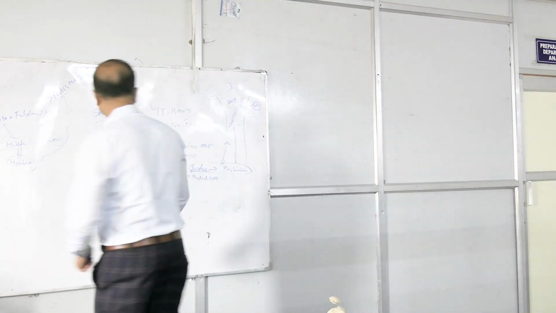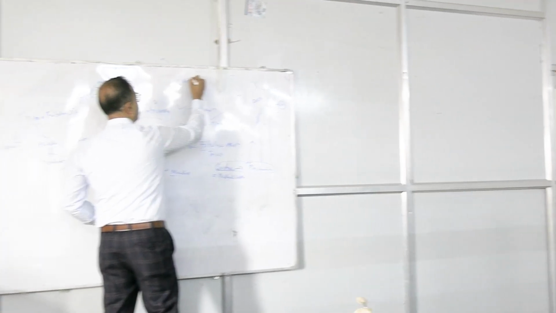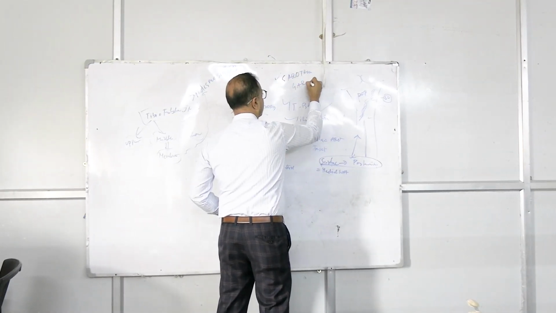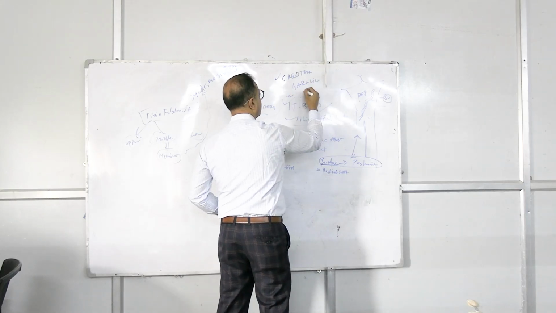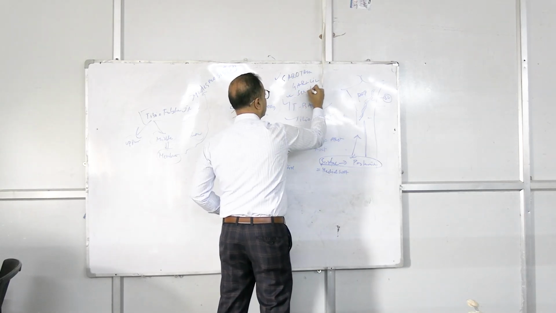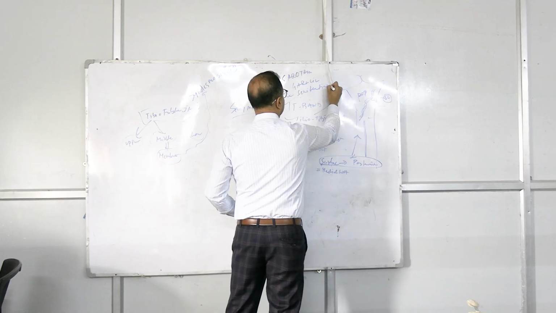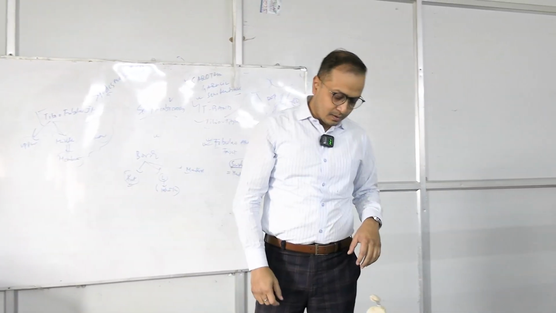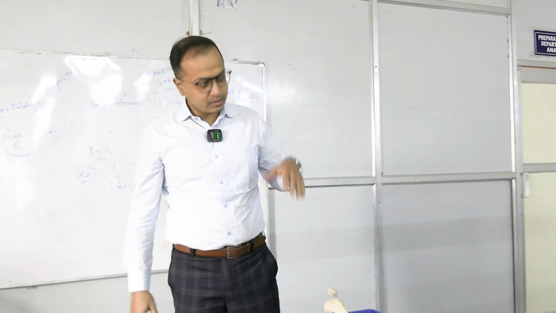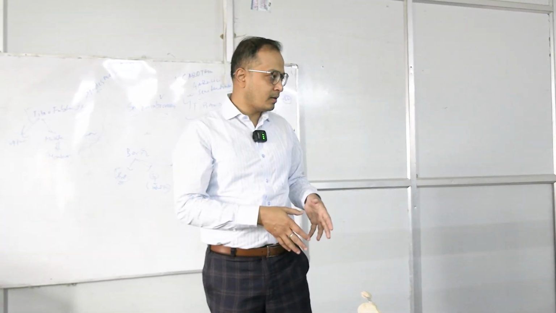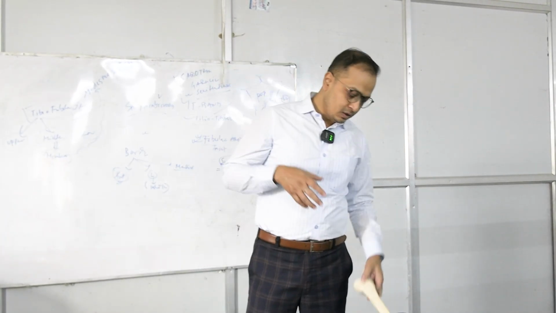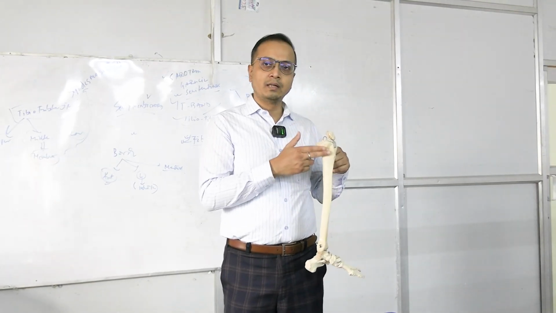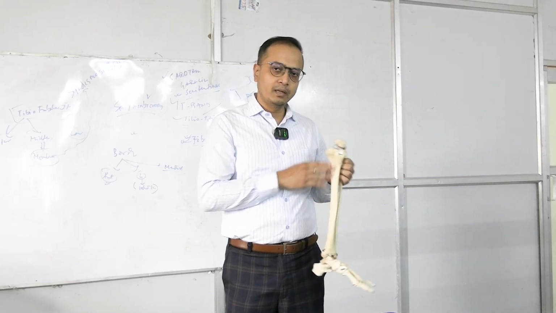We have the sartorius, then the gracilis, and then the semitendinosus. These muscles come from three different quadrants of the thigh: one from the anterior part, one from the medial part, and one from the posterior part. They merge together and end on the upper part of the medial surface of the tibia.